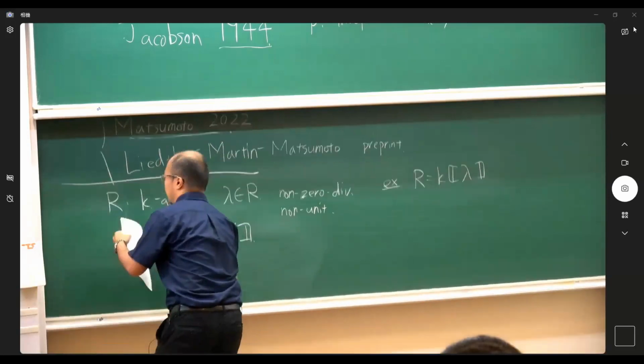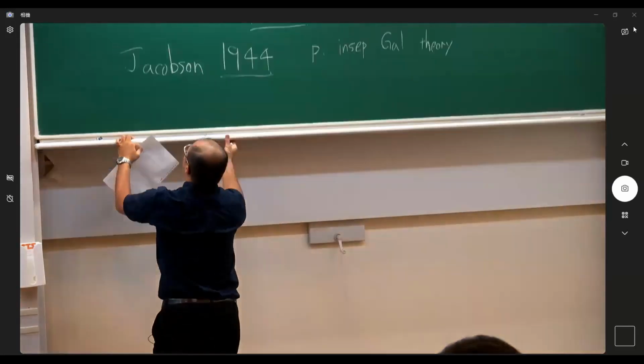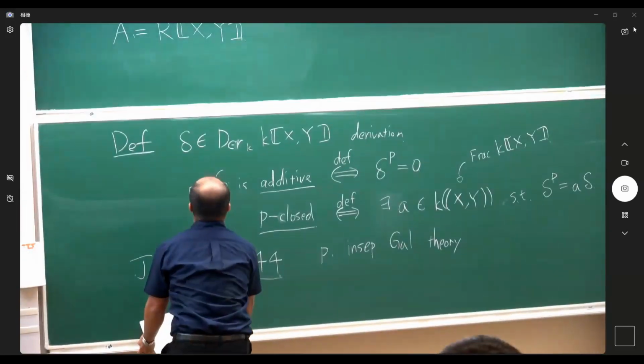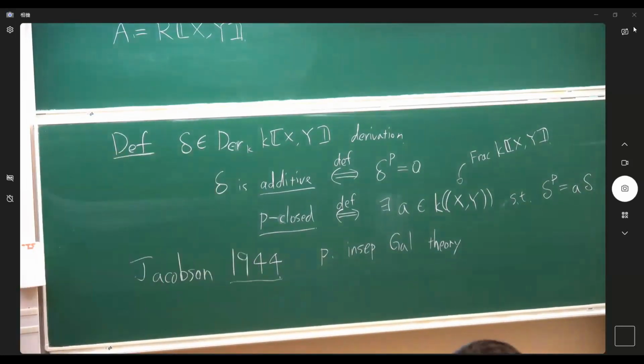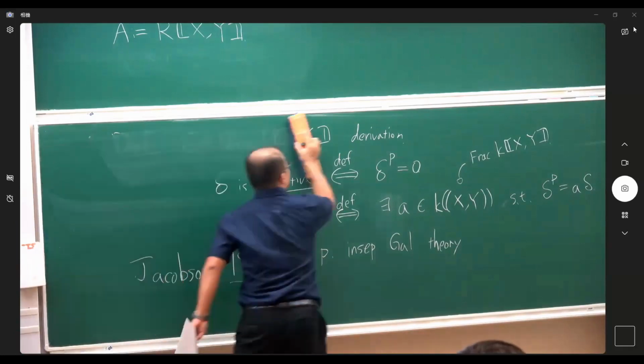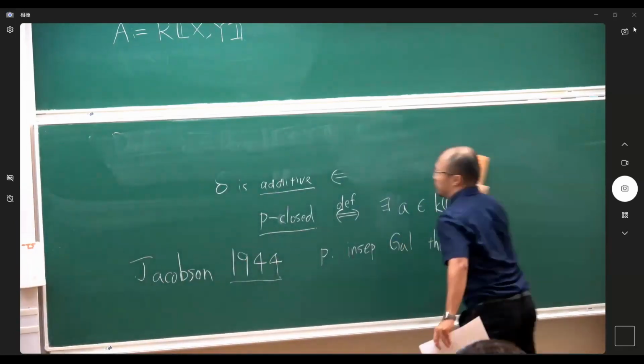The coordinate ring is given by... we will consider deformation of derivation.